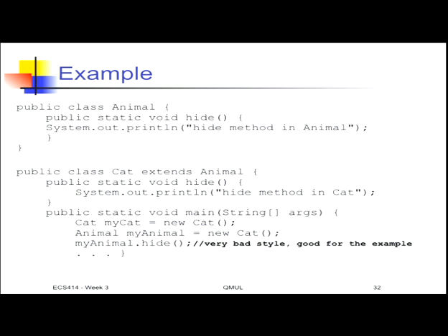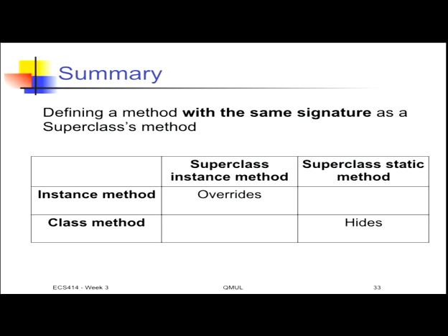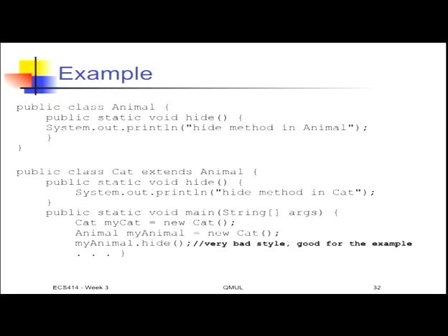So let's see again. What happened here is that we have a subclass and a superclass, and in both classes a method with the same signature. Now we create an object calling the constructor of Cat, but the type of the object is Animal.